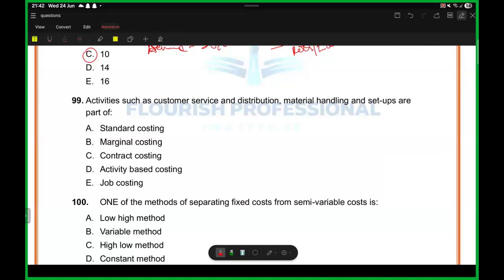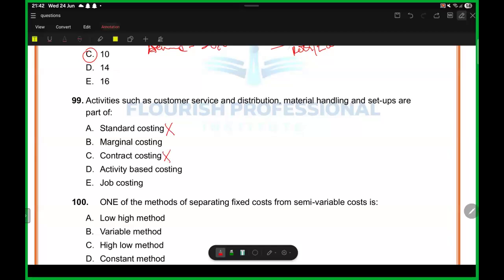99, activities such as customer service and distribution, material handling, and setups are part of: A, standard costing; B, marginal costing; C, contract costing; D, activity-based costing; and E, job costing. So standard costing does not even come in. Contract costing, you'll be seeing work certified and so on.